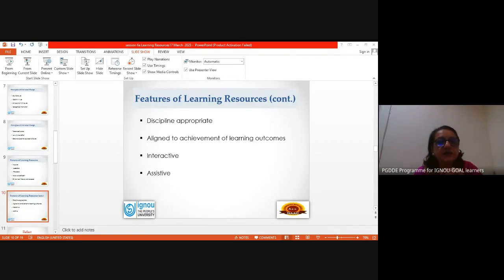Different discipline appropriate learning resources are important. You cannot teach, let's say, a vocational course merely by using a flat book or a flat paper thing.